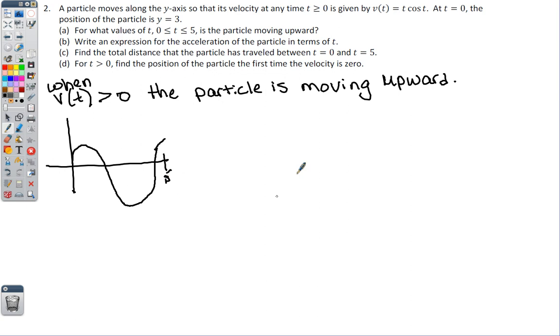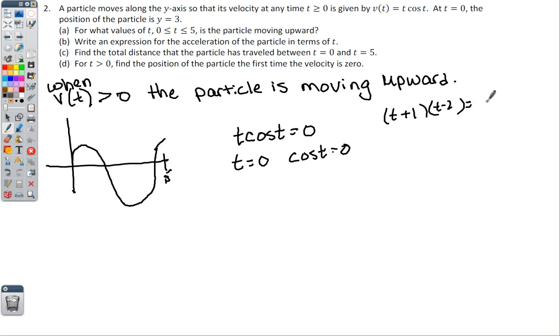So if t cosine t equals 0, I know that I can split these up, similar to the way if I had two parentheses, like t plus 1, t minus 2 equals 0. I could split those up to find out that t equals negative 1, t equals 2, right? So I can do the same thing with these. I can say this one equals 0 and that one equals 0. So where does t equal 0? Well, that one's pretty simple. That happens at t equals 0.